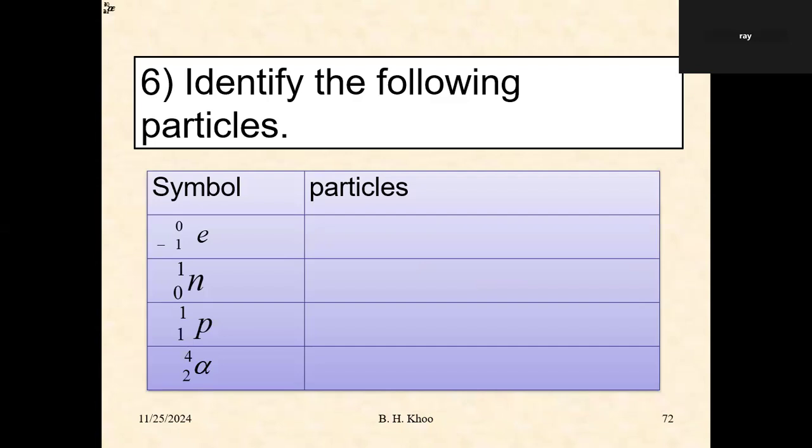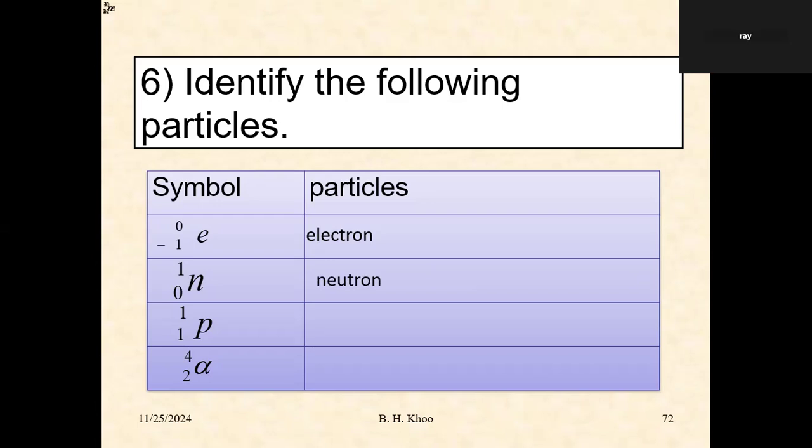Identify the following particles and their symbols. This one is an electron, with the negative sign. Next one, neutron.